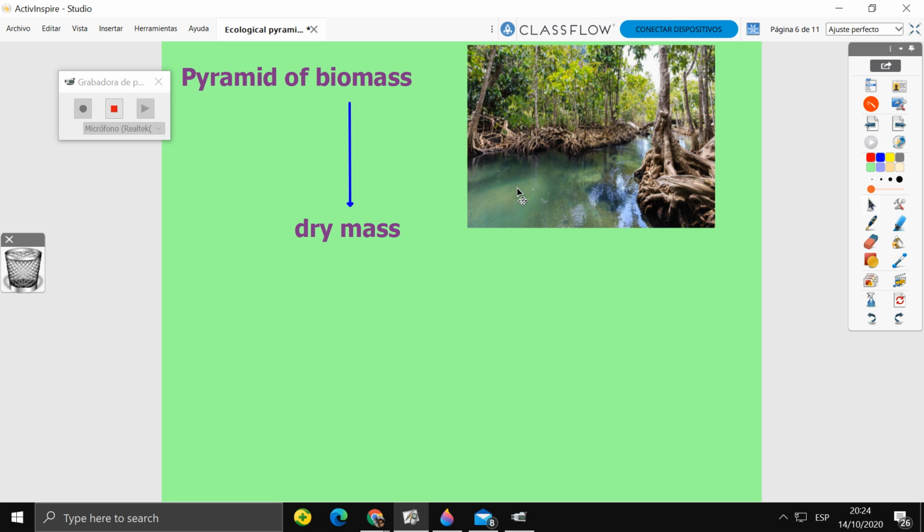Let's consider the same area, the same ecosystem, but this time let's estimate the total mass of living material in this area over a certain period of time. With that estimation, we can construct a pyramid of biomass.